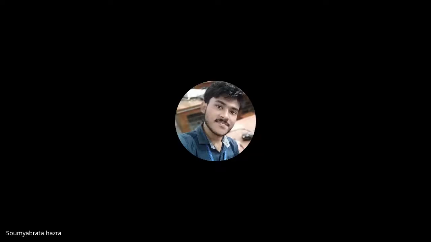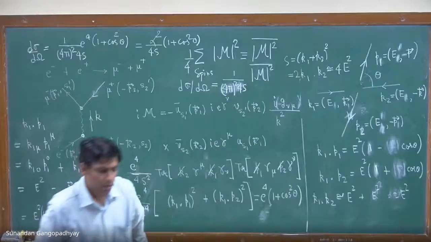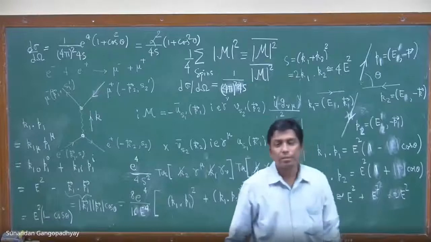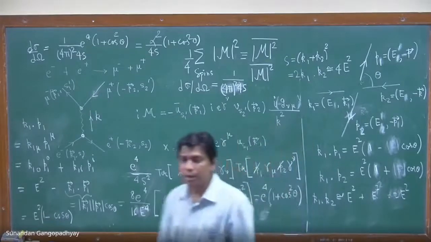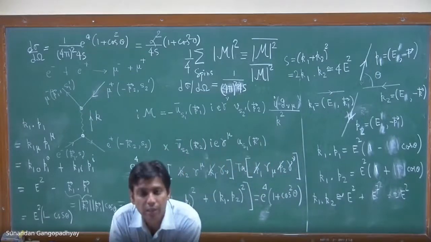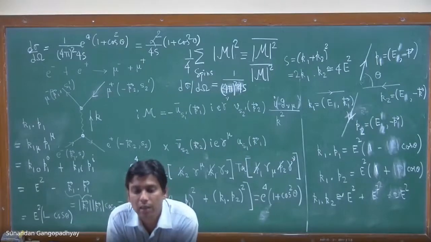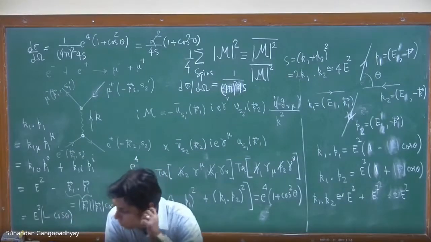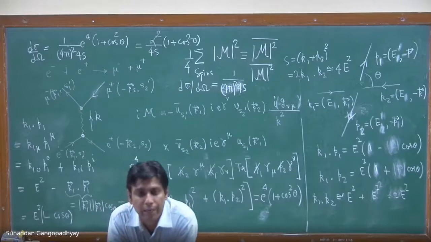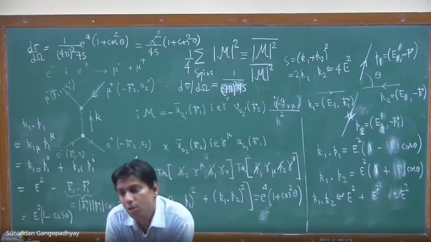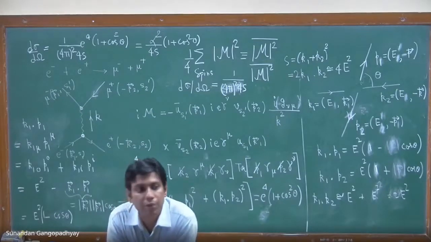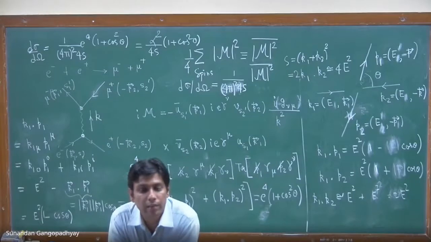Can you please suggest any book for this cross-section calculations? I could not find it properly. You can look at Peskin and Schroeder, quantum field theory. You can look at Quantum Field Theory by Ryder. You can also look up Quantum Field Theory by Amitabha Lahiri.